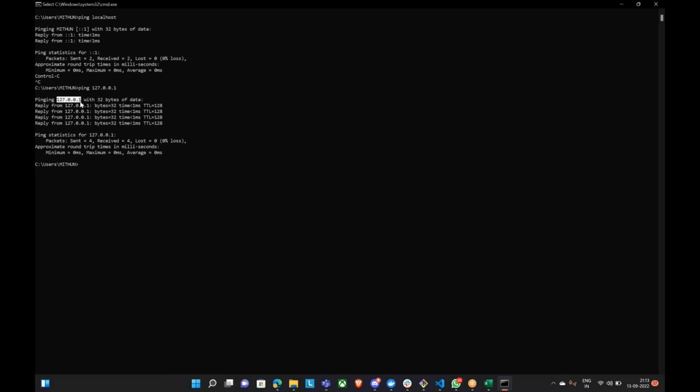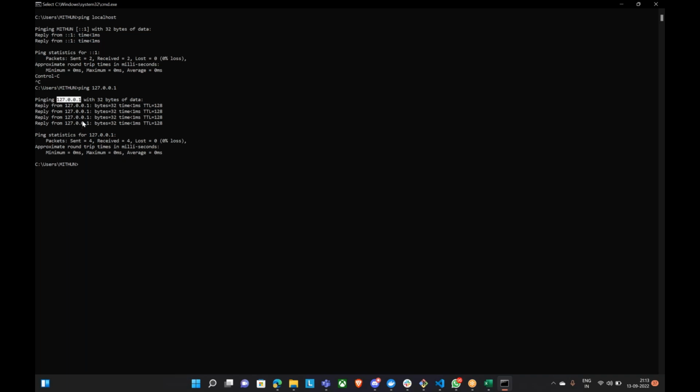What is the job of this Ethernet card? It is responsible for connecting to the network. If the Ethernet adapter is not there, you will not be able to connect to any network, whether internal or external. So the loopback address comes in handy while checking the health of the adapter.